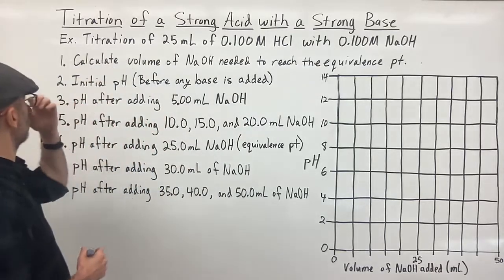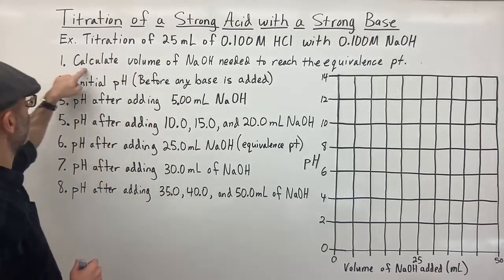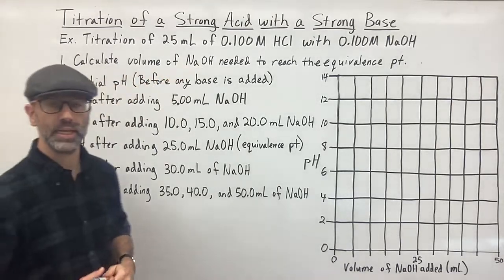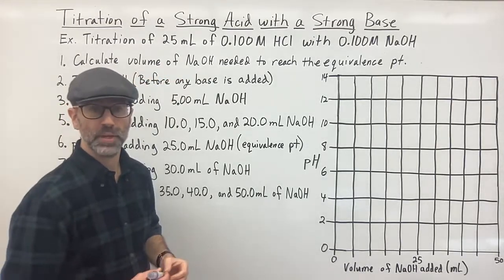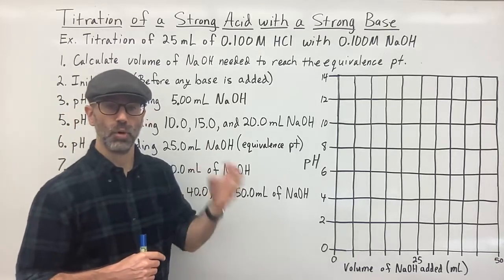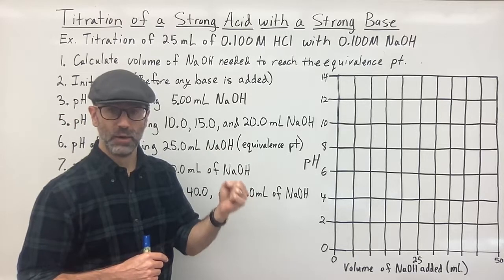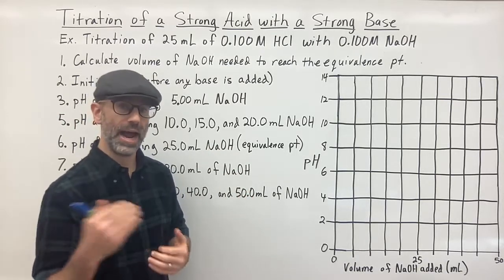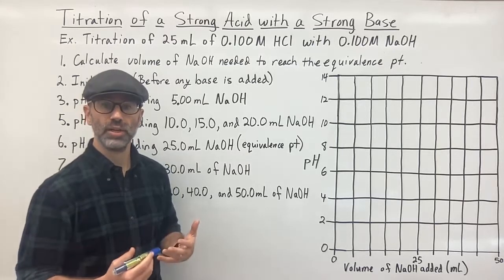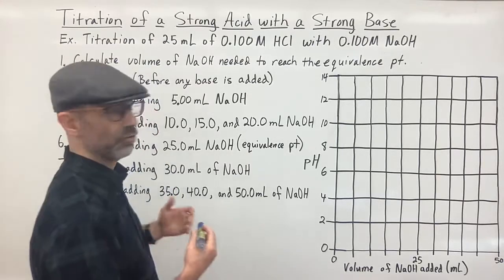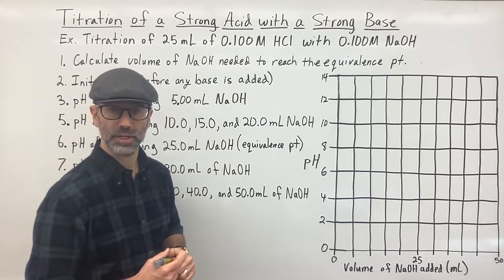So where do we begin? We're going to first calculate the volume of the NaOH that we need to reach the equivalence point. Since we know that at the equivalence point, the number of moles of acid that we begin with must be equal to the moles of base that we are adding, then all we need to do is figure out the volume by using the molarity definition, right?